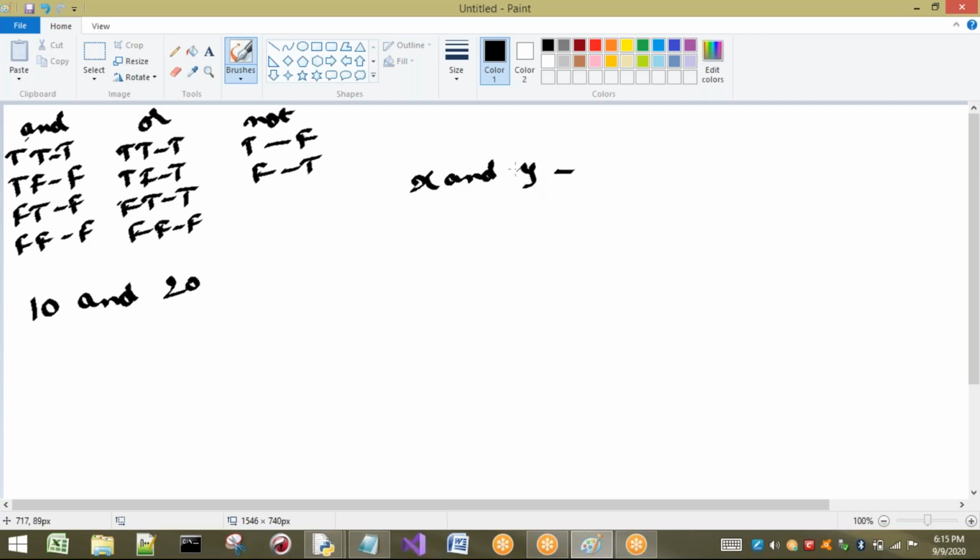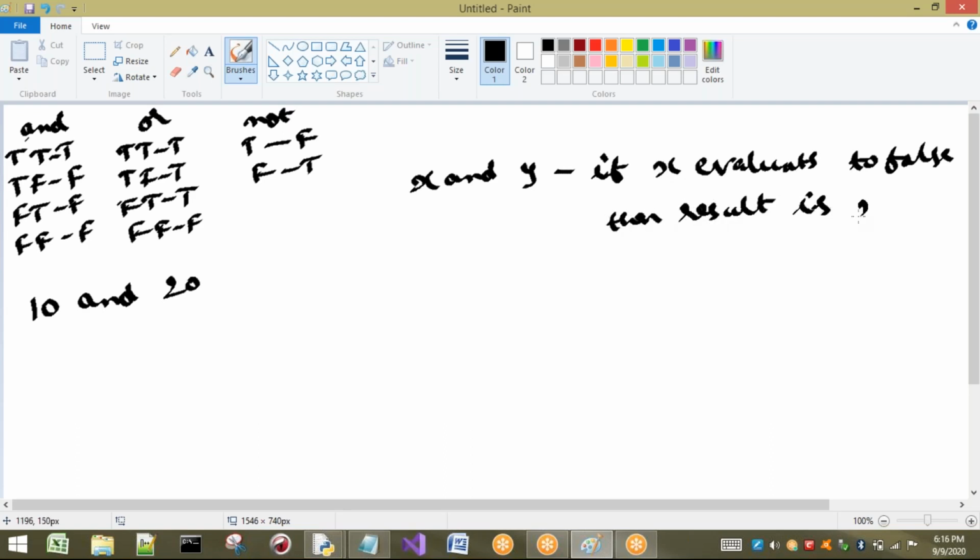Listen carefully: if x evaluates to false, that means the first condition is false, then the result is x. Otherwise it returns y. You have to understand this statement clearly.